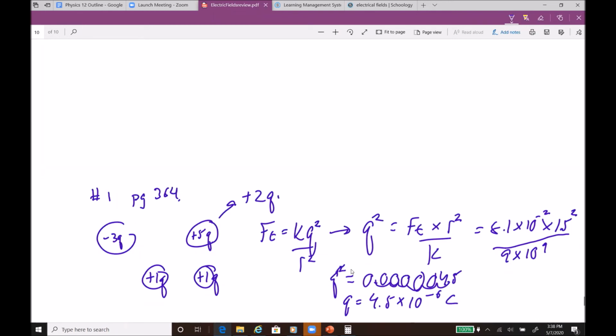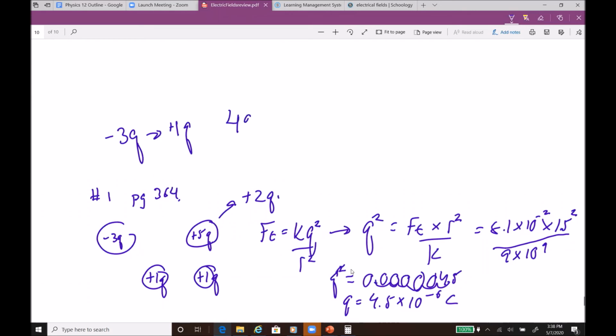And then to figure out the number of electrons transferred, okay, so if this is 1Q, I guess we could say that to go from minus 3Q to plus 1Q, you had to change it by 4.